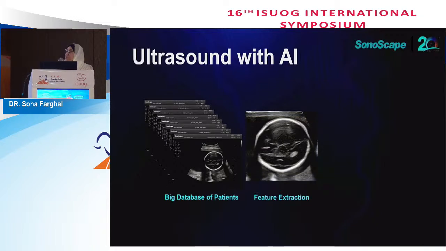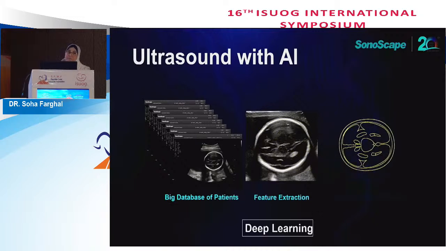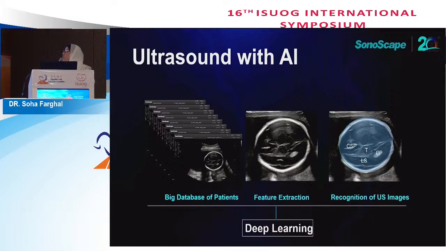They start by providing a big database of patients, and this database is given to the brain of the machine, and then when we do scanning, the machine tries to do feature extraction using the memory it already collected through deep learning. After extracting the features, the machine knows by itself what we now want to see.